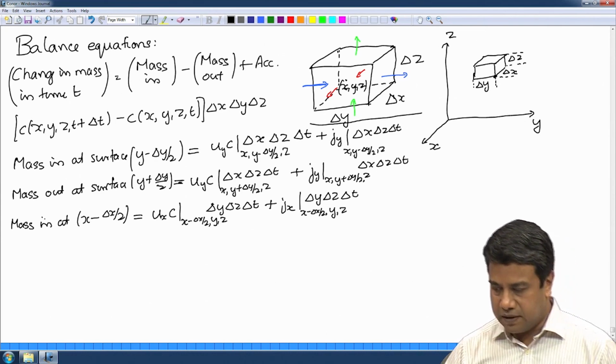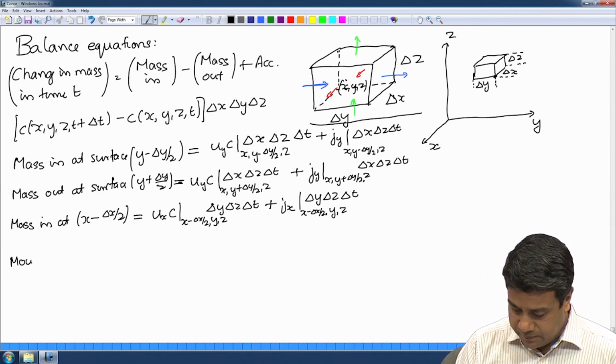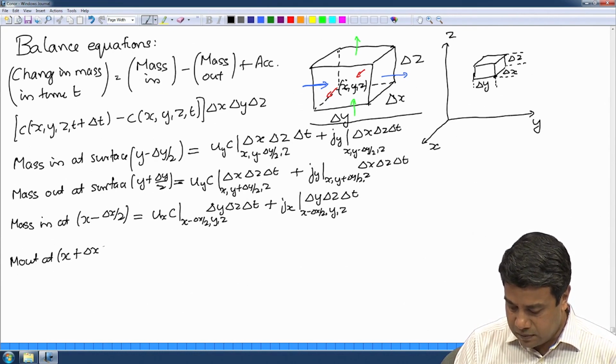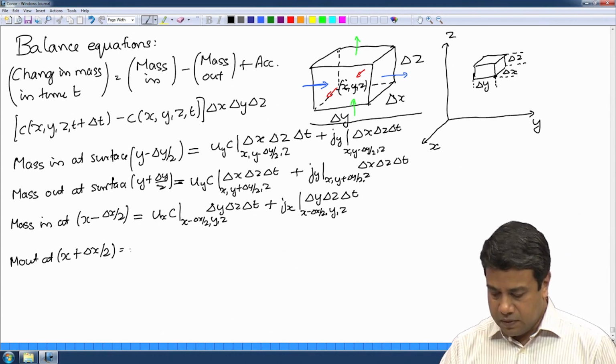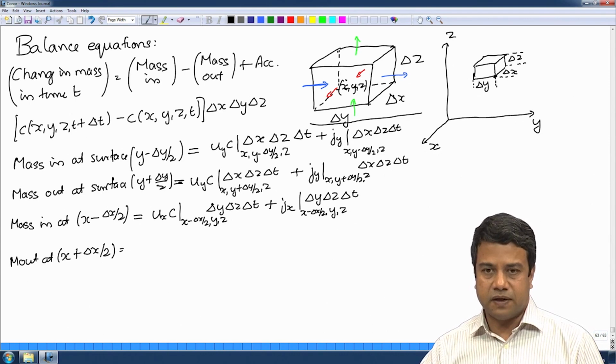The flux leaving at the front face, at x plus delta x by 2, will just be equal to the same. In this case, if ux is positive, the mass is leaving the volume.